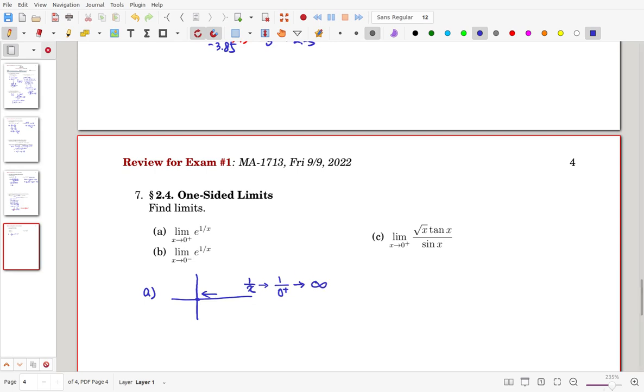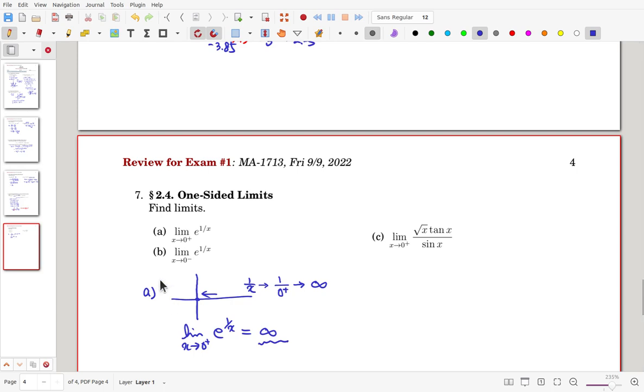So 1 over x will become infinity, which means the limit as x goes to 0 plus of e to the 1 over x becomes infinity. So here we write down infinity.